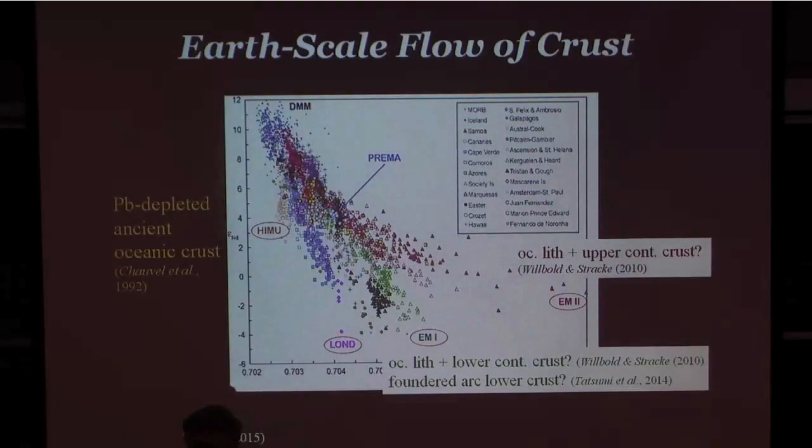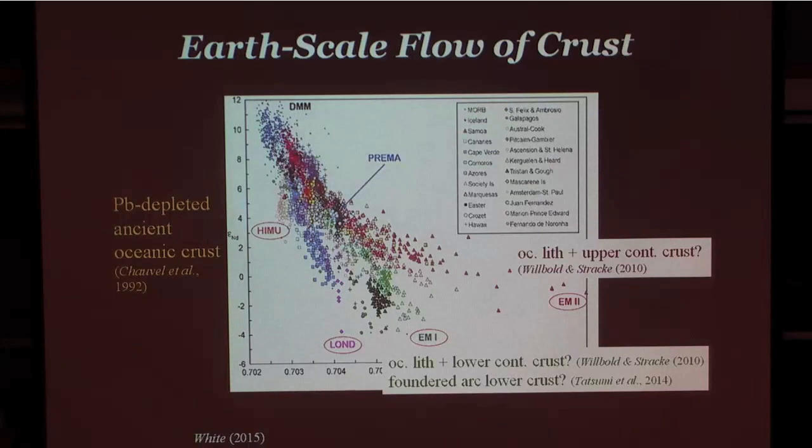So I'm going to show this slide in closing here as just a way to remind you of why I'm interested in this. My hope is that there's going to be some way of tying these different isotopic end members to images of the deep mantle and the processes we can see going on at shallow levels in Earth.